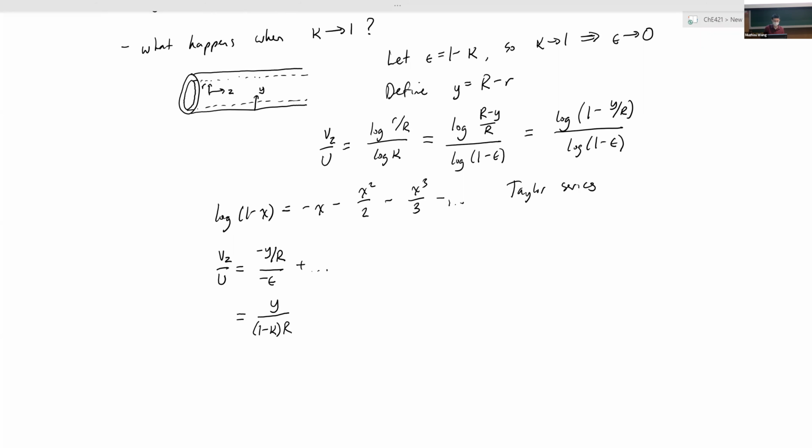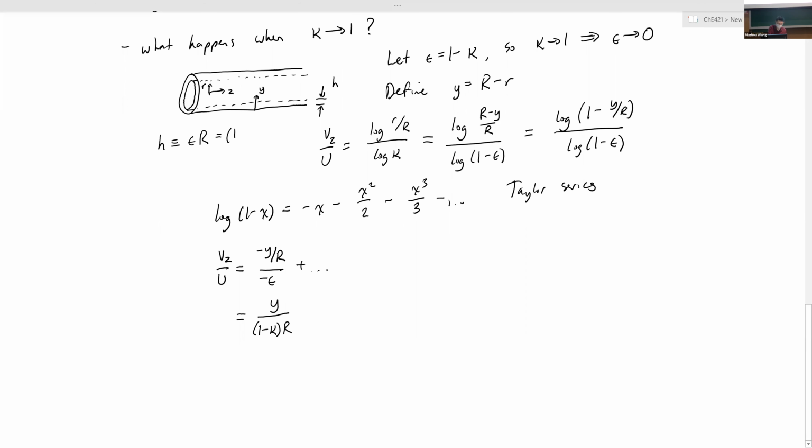This is actually a pretty familiar solution or fluid solution to you guys. To make it look even more familiar, I'm going to define a new variable here. This thickness right here, I'm going to call h now, right? And that thickness h is exactly defined as epsilon times R, right?